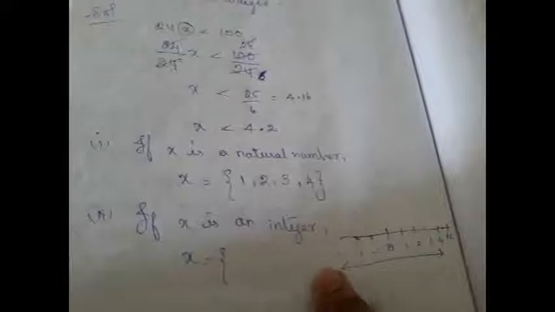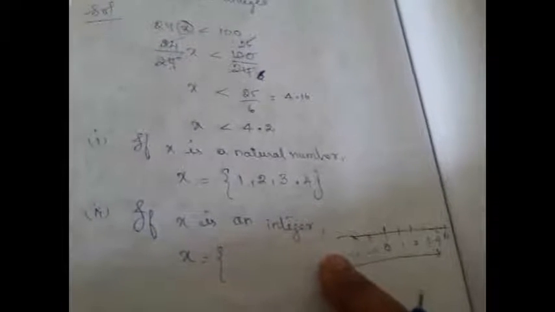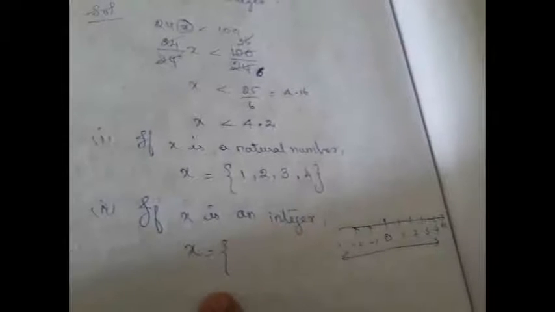All these values will come under your solution set, everything less than 4.2, this side till infinity. So all values less than 4.2 will form the solution set.